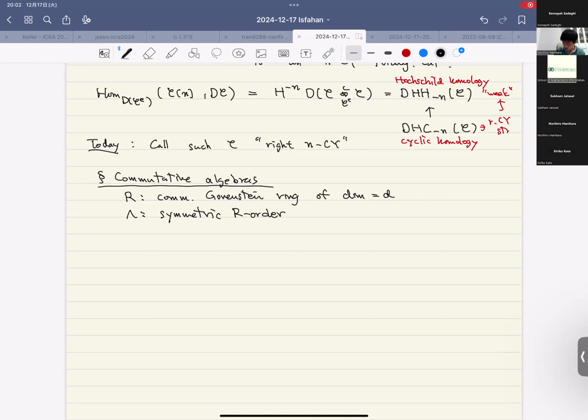It appeared in the previous talk, but to briefly recall what it was: Lambda is an R-algebra which is finitely generated and Cohen-Macaulay as an R-module. This is an order, and for it to be symmetric, we require that the R-dual of Lambda be isomorphic to R as a bimodule over Lambda.